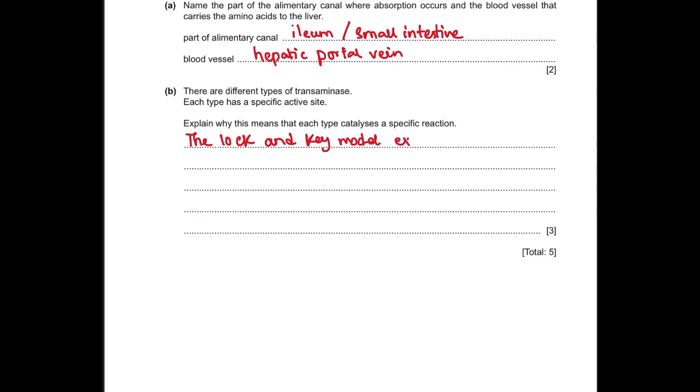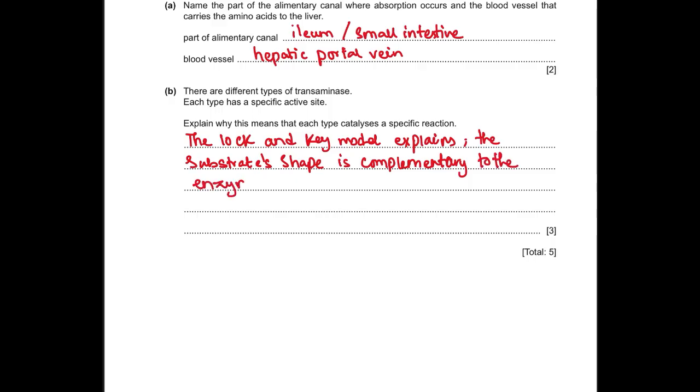The lock and key hypothesis explains that the substrate's shape is complementary to the active site of the enzyme. Only the correct shaped molecule fits and binds.